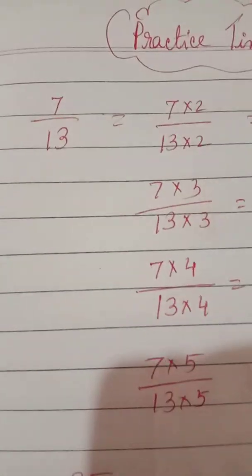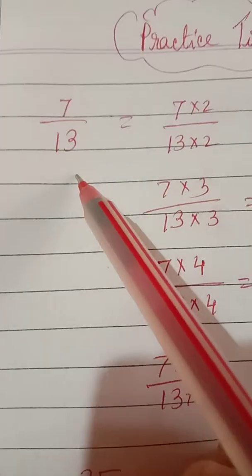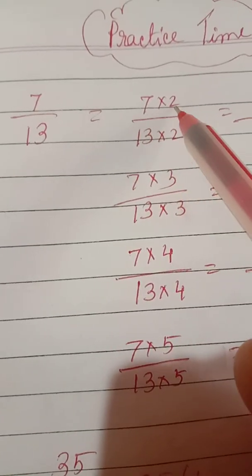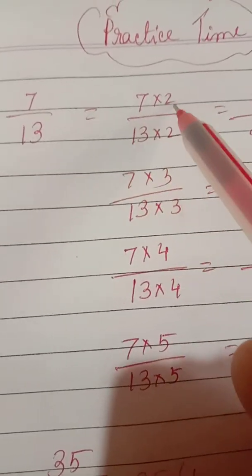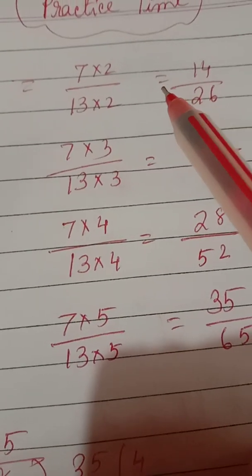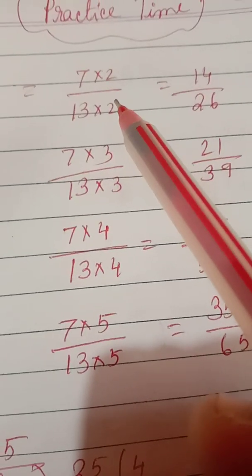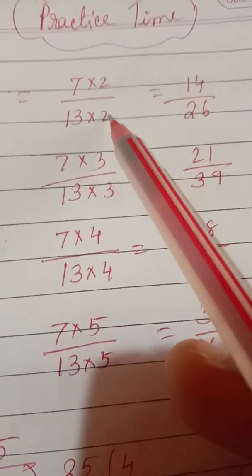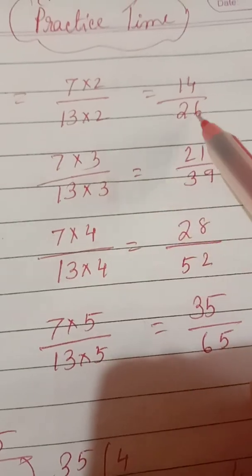See here, example 7 upon 13 is given. So I multiplied 7 by 2 and 13 by 2. I am applying the same number for the multiplication on both. So 7 2s are 14 and 13 2s are 26.